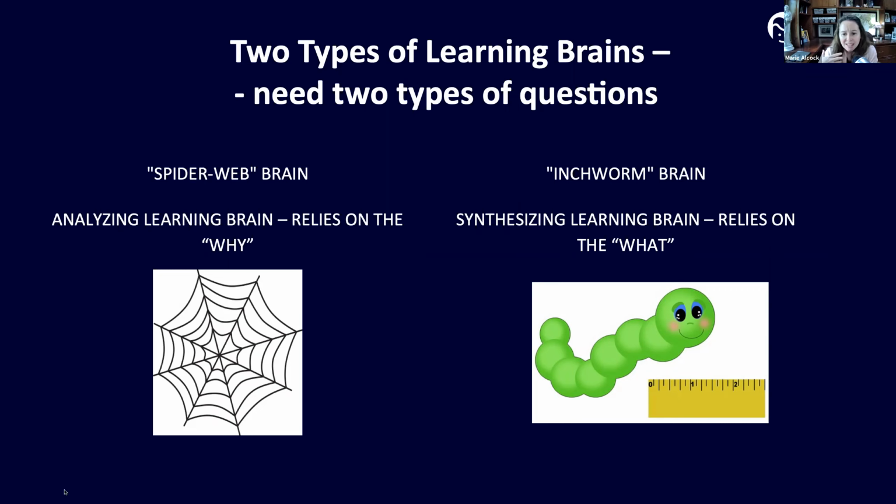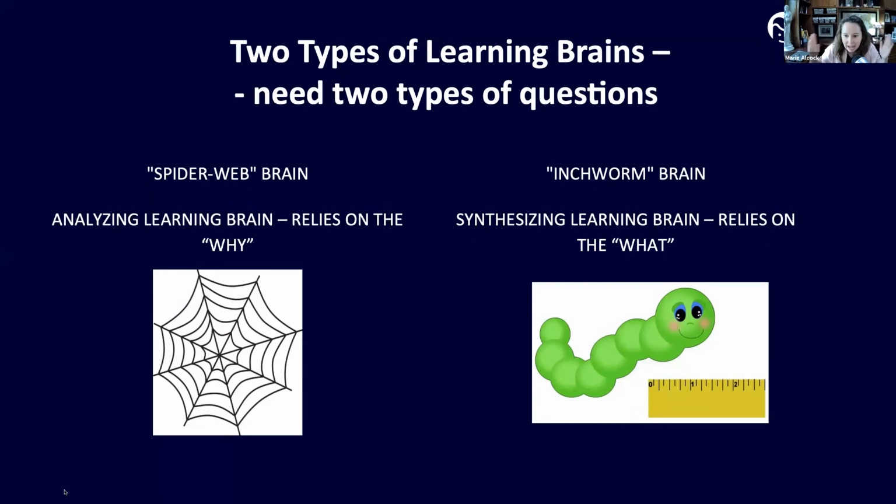So that's the argument. This all came out of the 90s. That was the argument of all of the unit plan designers who said, hey, we need these big questions. We need these big why pieces of curriculum, and we need that granular what level of the curriculum. And not only do I need them in my unit plan, I need them every single day in my lesson plan.